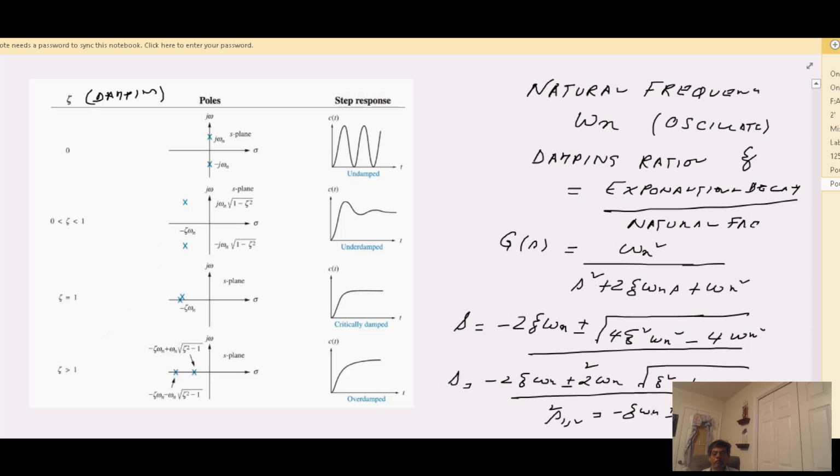Then you will have two real poles at the same location, minus zeta omega n. So this becomes critically damped. And similarly, when zeta is greater than 1, then you are going to have two real poles, which is overdamped. So I will see you shortly in the next video. Thank you.